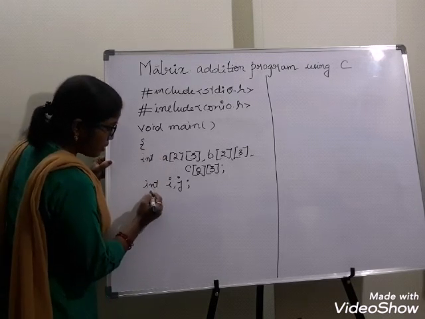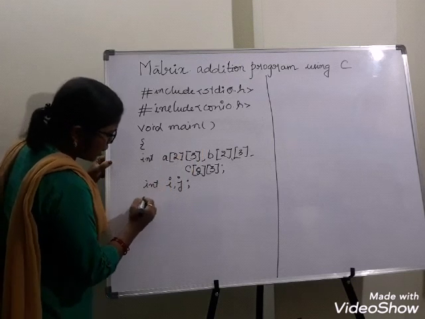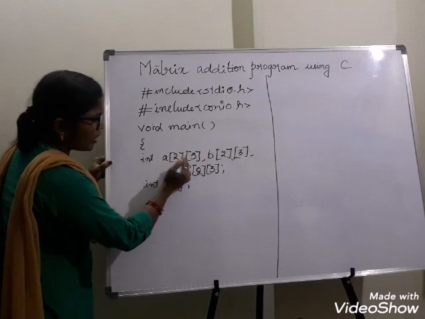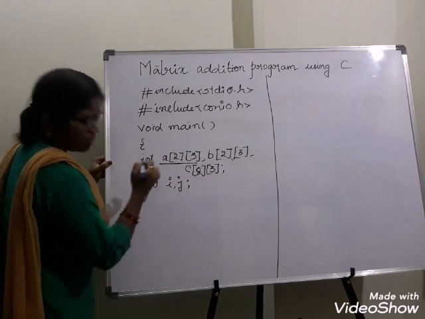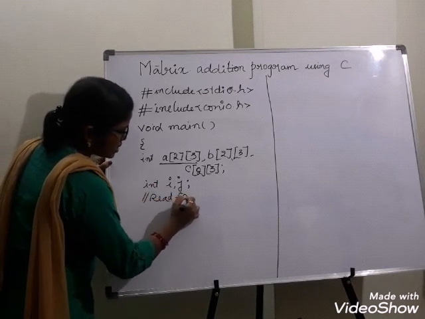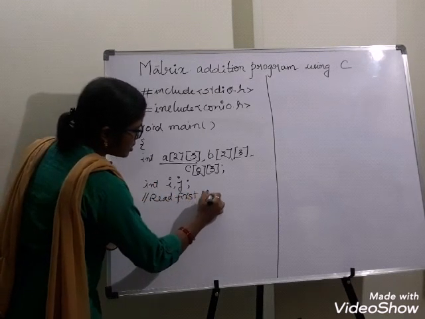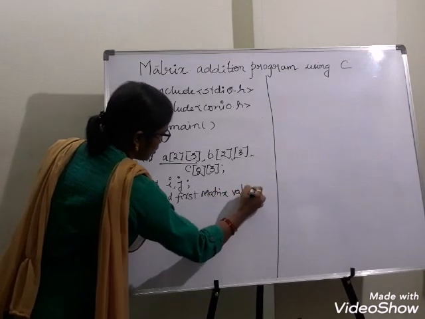So I know the size. First, I want to read the values for the first matrix. Comment: read first matrix values.